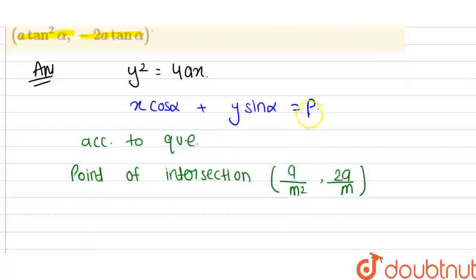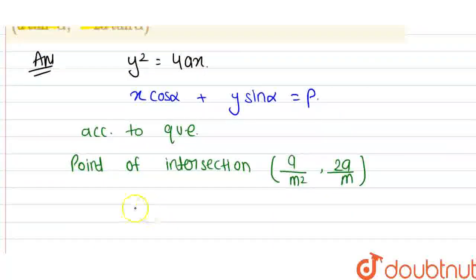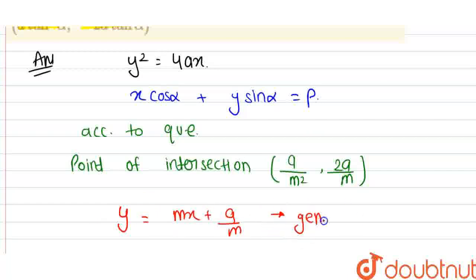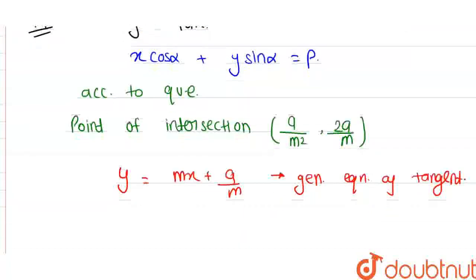Now compare the equation of the given line with our standard equation, that is y is equal to mx plus a by m. This is the general equation of tangent, where m is the slope.